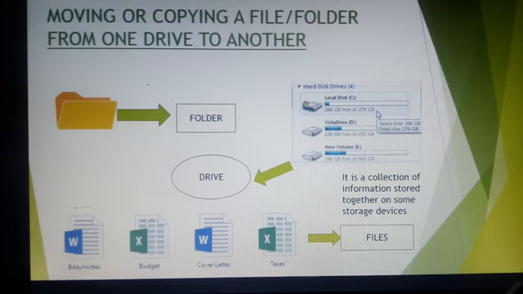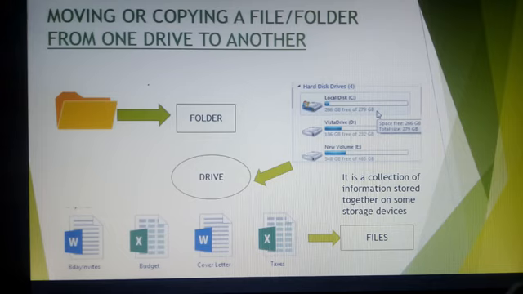So where is the folder? A folder is like a cabinet where we keep all the relevant files, and these files and folders are stored in a particular drive, C drive, D drive, E drive, etc. We will save it.